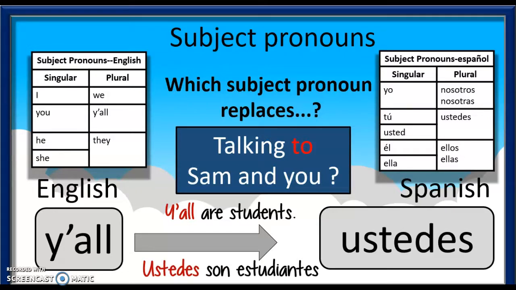Those of you who are getting accustomed to using vosotros, you could use vosotros here as well. But in most countries where Spanish is spoken, they use the word ustedes for both formal and informal. So, ustedes son estudiantes is a good way to express this.